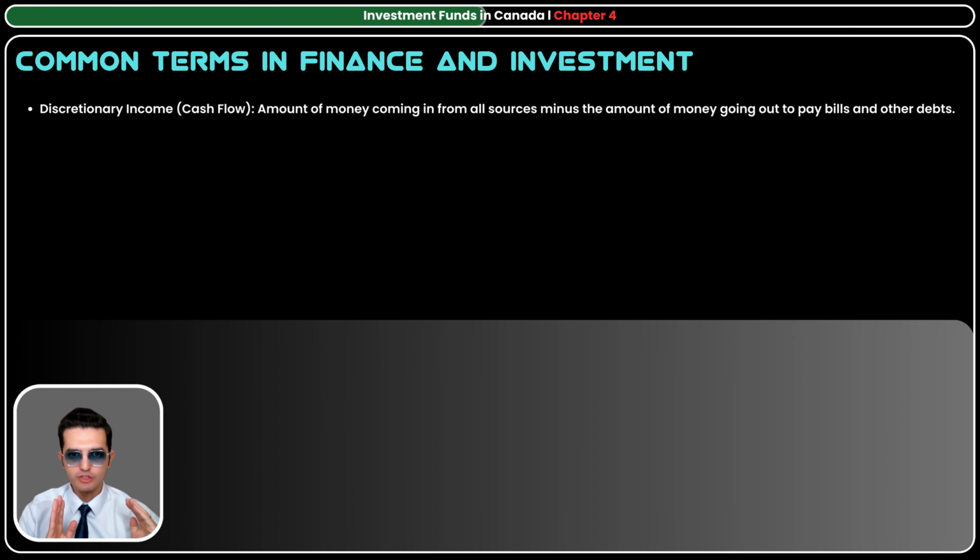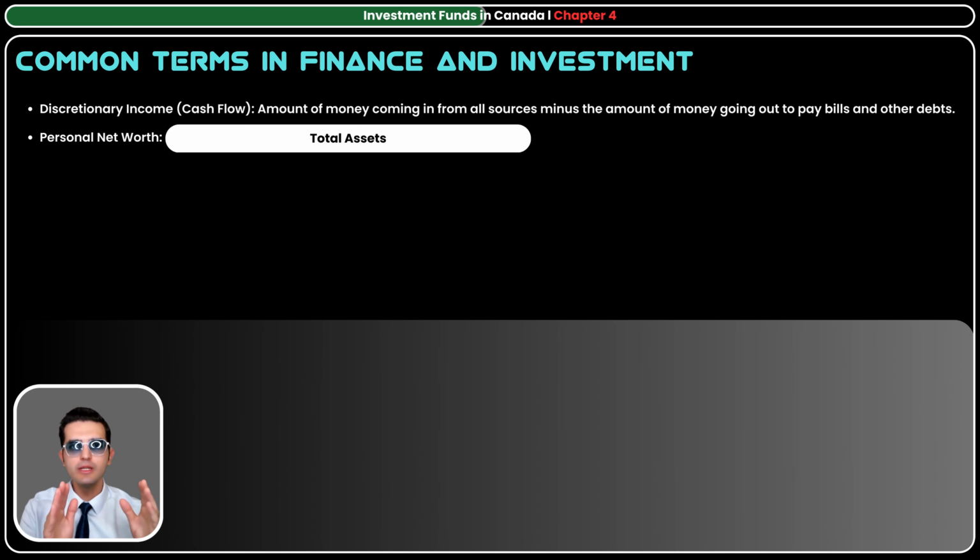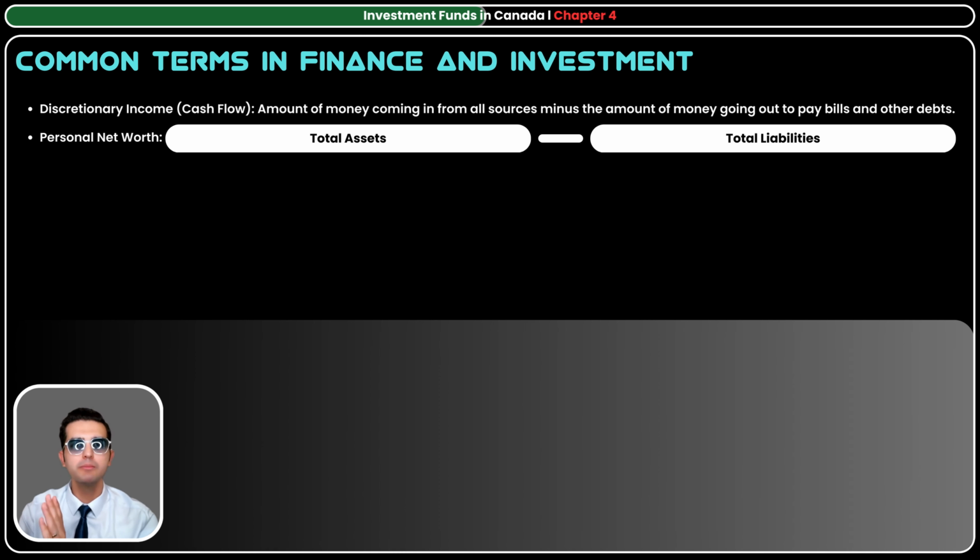So discretionary income is cash flow, and we know cash flow is the amount of money that comes in minus the amount of money that goes out. The second term, personal net worth. What's personal net worth? Personal net worth is total assets minus total liabilities. Okay?